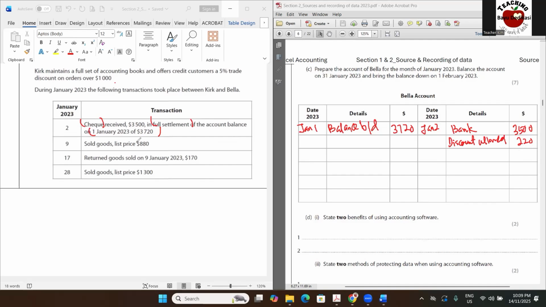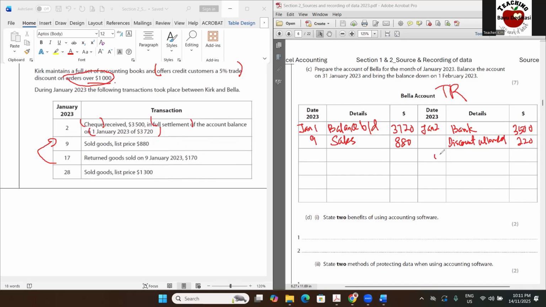Next is that sold goods at list price. They say that they offered the credit customer a 5% trade discount. No trade discount here because the condition set is more than 1,000. This is less than 1,000. So in this case, we have to put 880. Okay, so be careful with the terms and conditions. Returned goods sold online. So this one, return goods. Since when we sold the goods we didn't give discount, when they return, we also return the total amount.